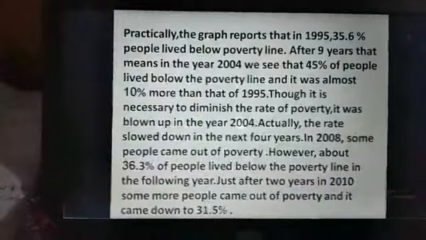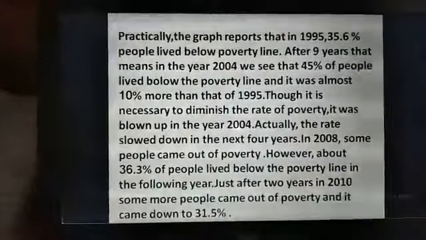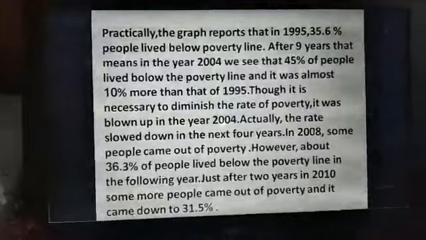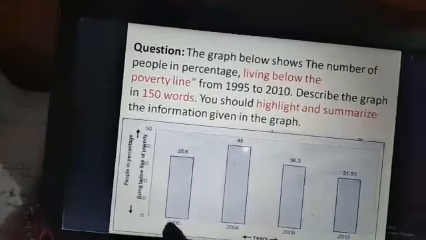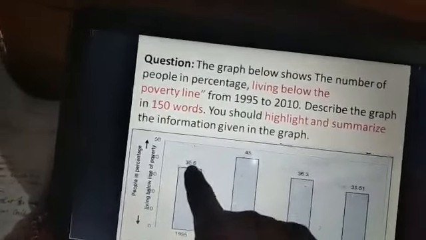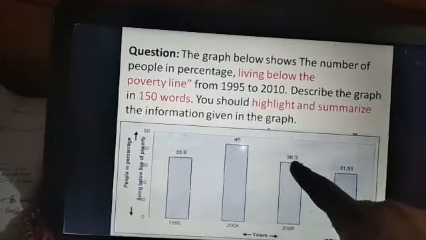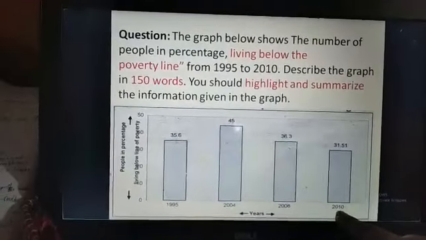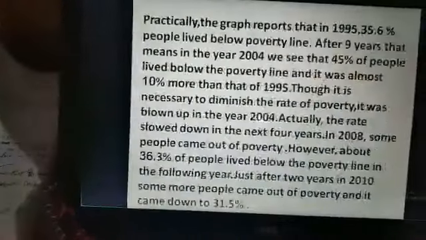Just after 2 years, in 2010, some more people came out of poverty and it came down to 31.5%. Like in 1995 it was 35.6, 2004 45, 2008 36.3, in 2010 it was 31.51.